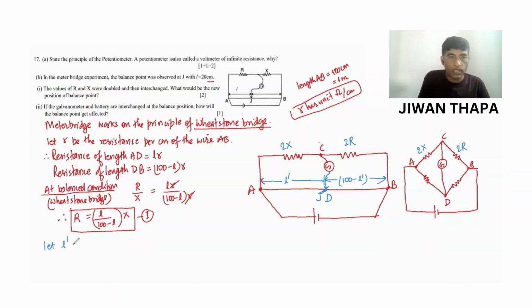Let L dash be the new balance length. So let us write in this way. R and X are doubled and interchanged.